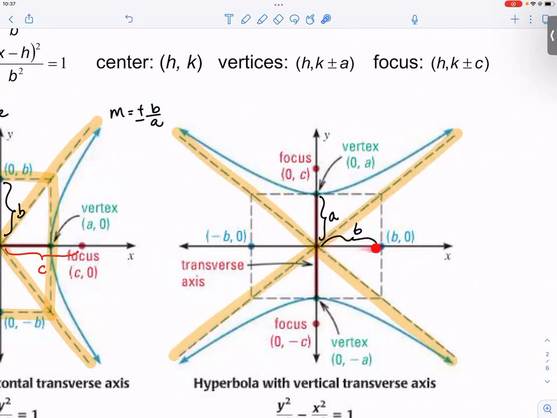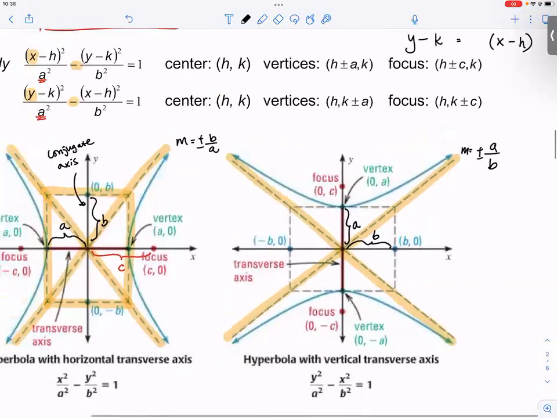That's your b value. So rise over run will be a over b. So this is something that your picture could tell you. You do not need to memorize them. And I do not suggest you to memorize these slopes. It's just so easy to mix up, to confuse, and there's no point to memorize them because you have to validate them anyways.